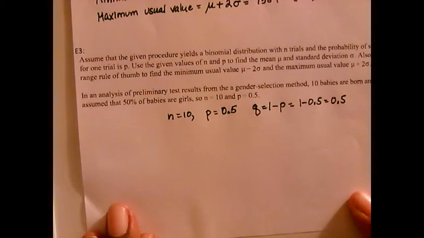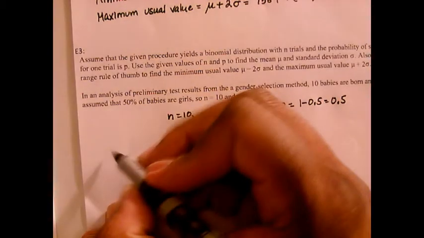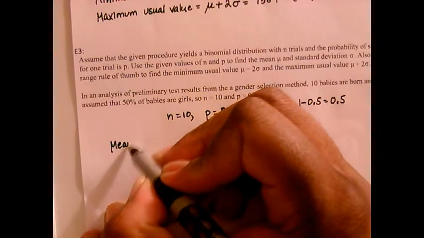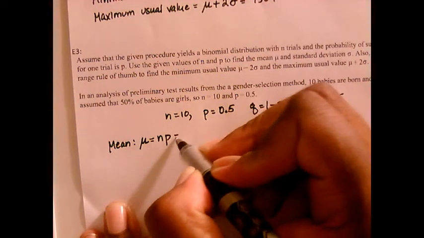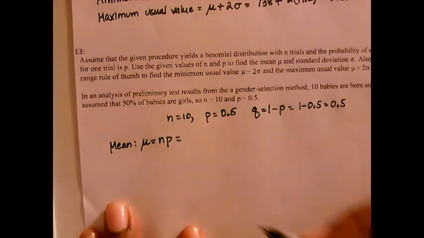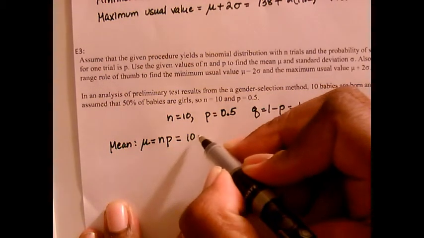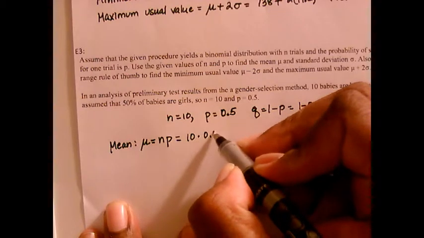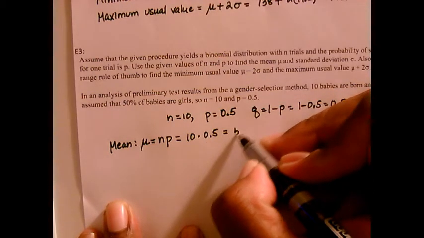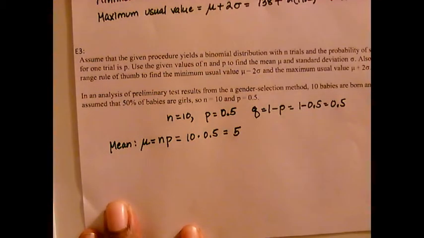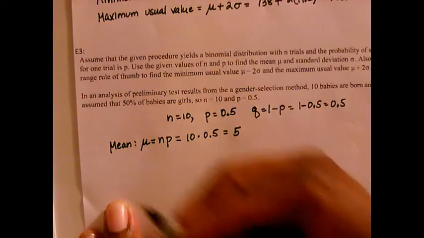So for the mean of this binomial distribution, that's mu is equal to n times p. And n is 10 times p, which is 0.5. So 10 times 0.5, which is going to be 5. And 0.5 is 1/2, so half of 10 would be 5. So the mean there would be 5.